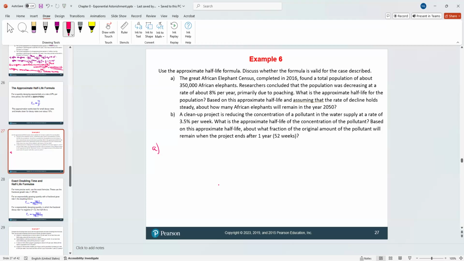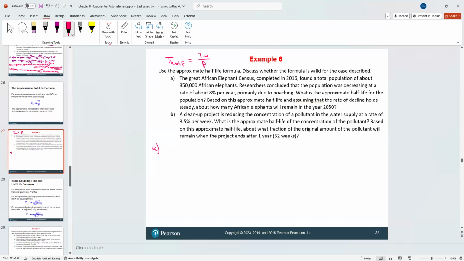So here, it's a different type of exercise, but we can still use the rule. We call it T half, which is 70 over p, with p in percentages.